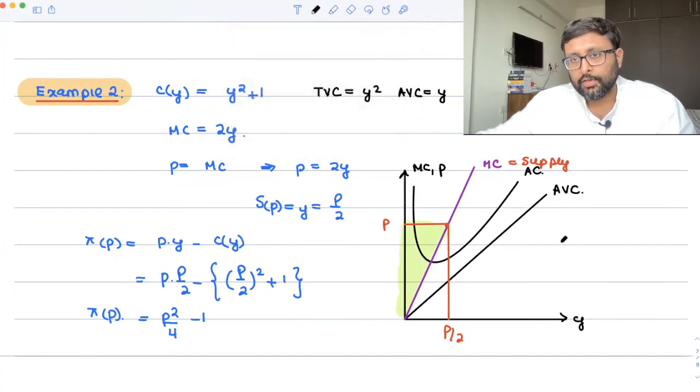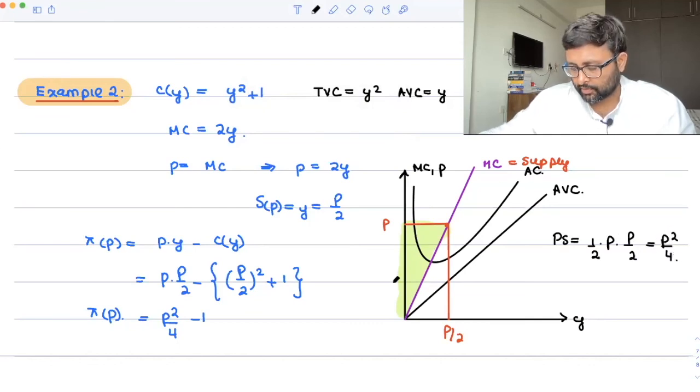Producer surplus is going to be half into the base of the triangle, that is P, into the height of the triangle, which is P by 2. That comes out to be P square by 4.